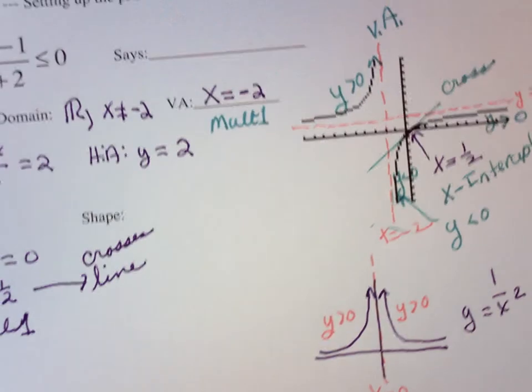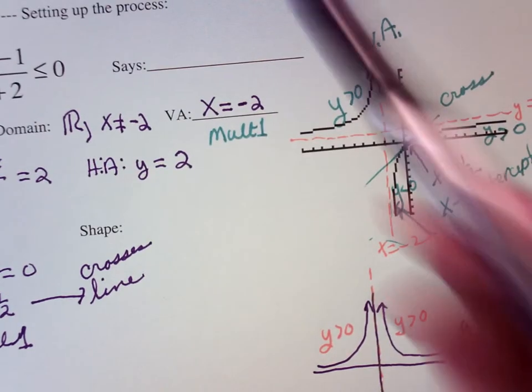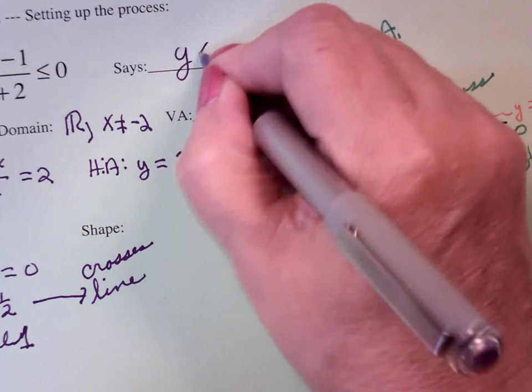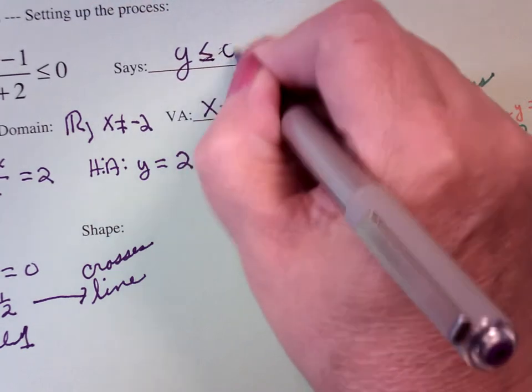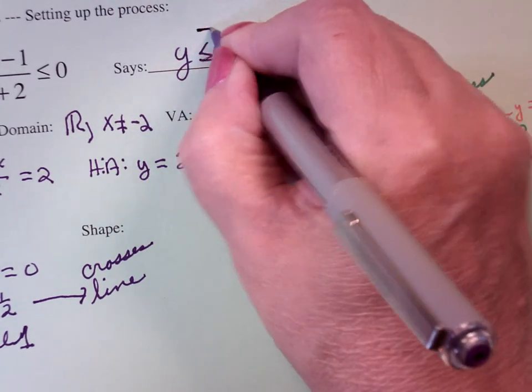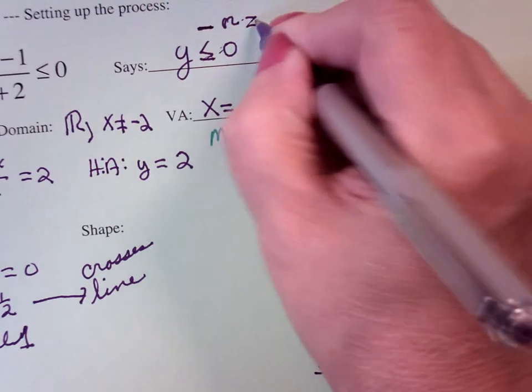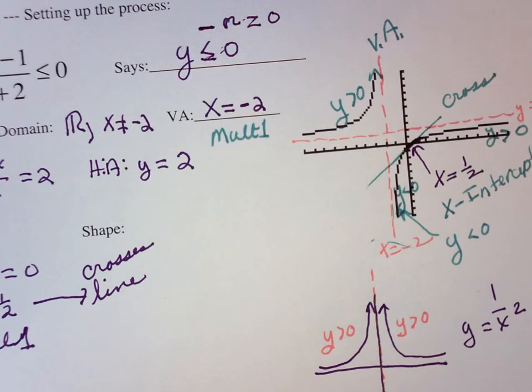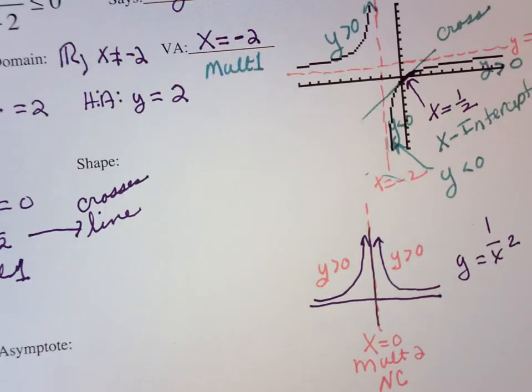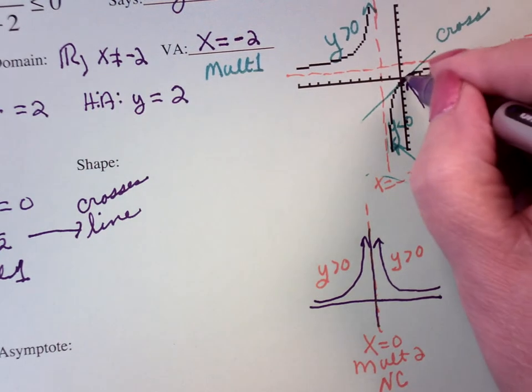So if I want to go down through the answer from the graph, this says we want y less than or equal to 0. So this is going to be negative or equal to 0. Now negative or equal, this is where we are right here.